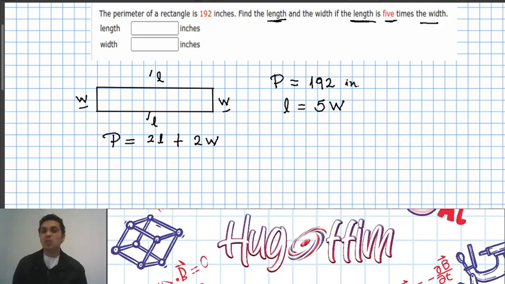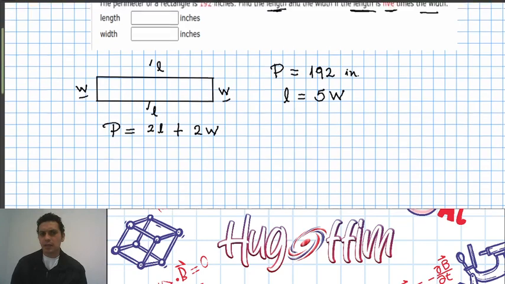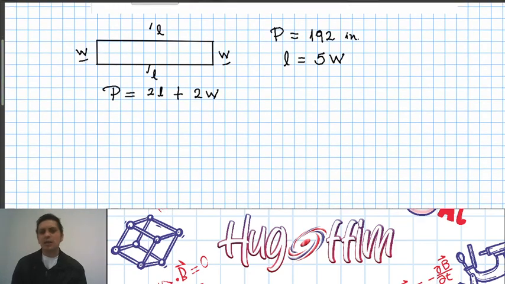Now I just need to do something that sometimes may look difficult, but it's not. That is just changing all my variables to have only one unknown value. In this case, I'm going to take just the perimeter, which is 192 inches. I'm going to avoid the units because I know that my answers will be in the same units.